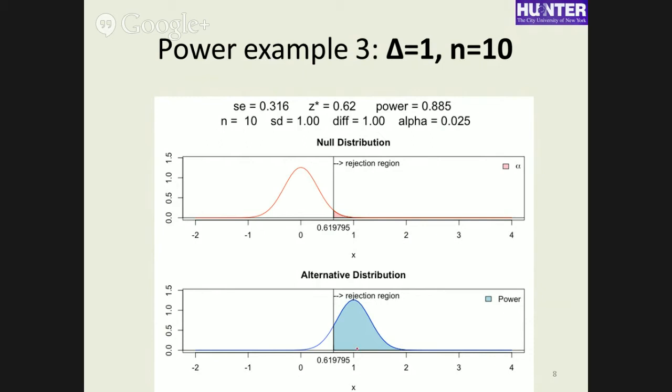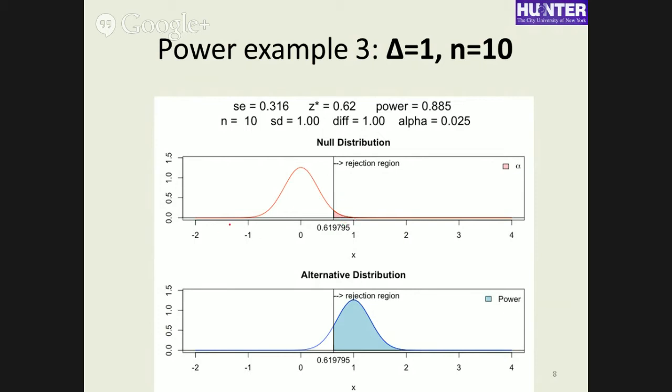So the section that's blue for our alternative is kind of what would fit into the red section of our null distribution. The blue section is saying, when we do a hypothesis test, we assume the null hypothesis is true.